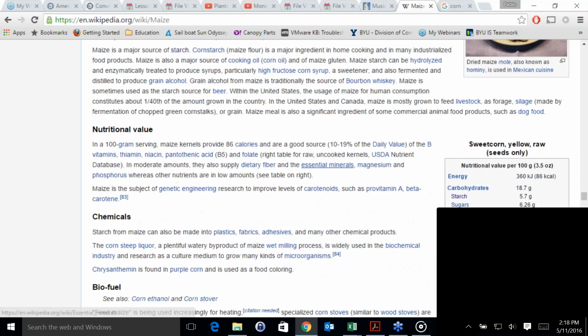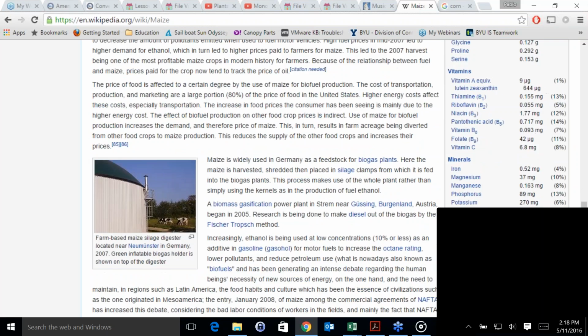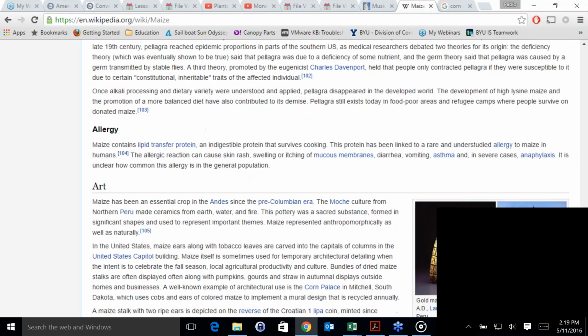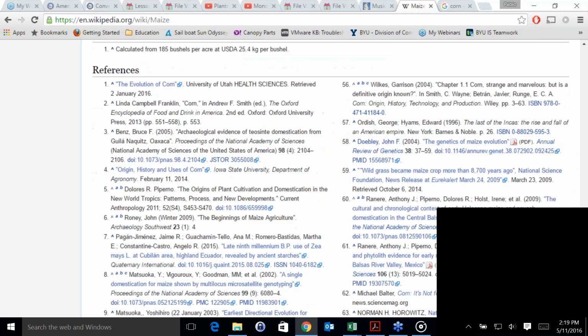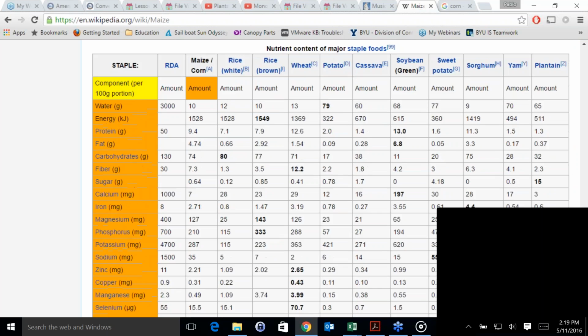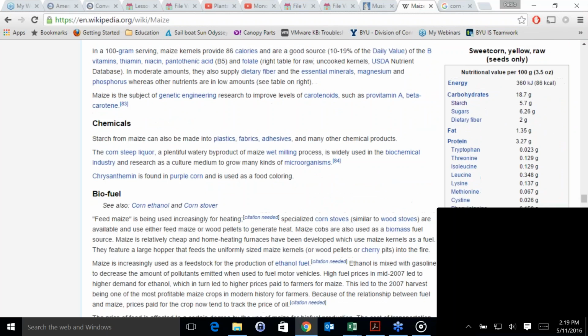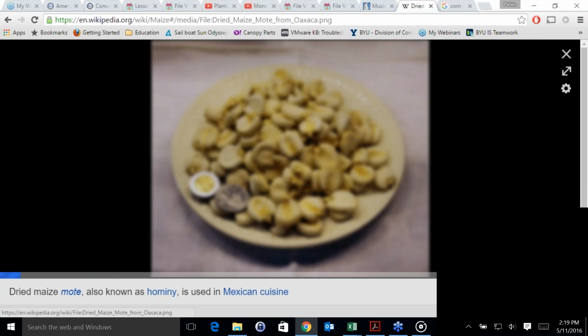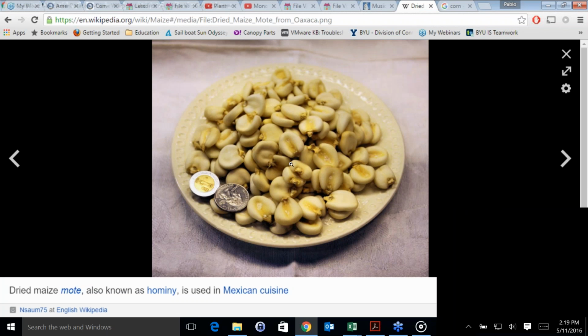Should have brought something, but you can see the different parts of the embryo. And then the cotyledon that has all the endosperm of the seed. So the embryo is just this little tiny part at the top of the seed.